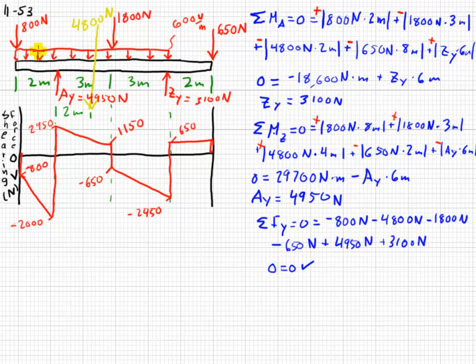Note that whatever force we have up here, that is the slope of our line. So the slope here is 300 newtons per meter, and that's what the force is right up here. So this indicates the derivative of this.